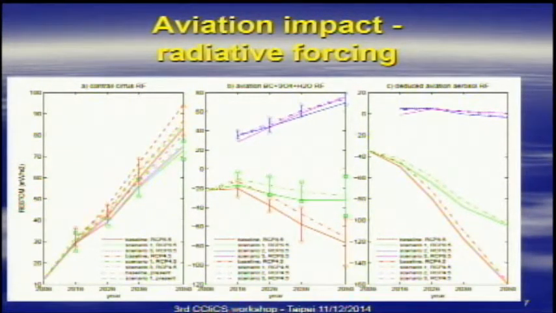The middle panel includes all emissions, including sulfate and black carbon. I'll just jump to the end, because if you take the difference between the first two panels, you get the so-called reduced aviation impact. So you get this cooling effect due to aviation emissions. I'll just point out this is due to sulfates.